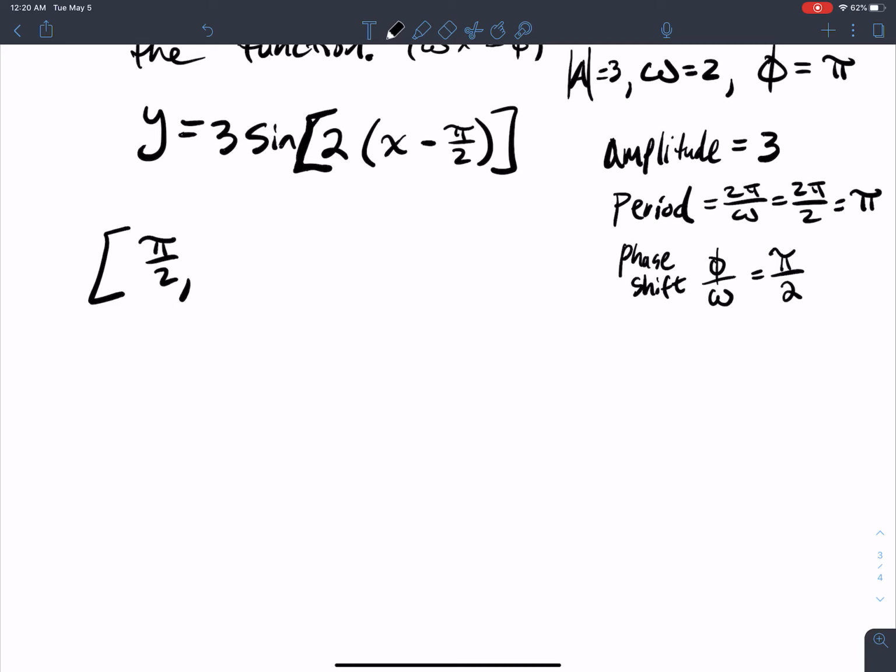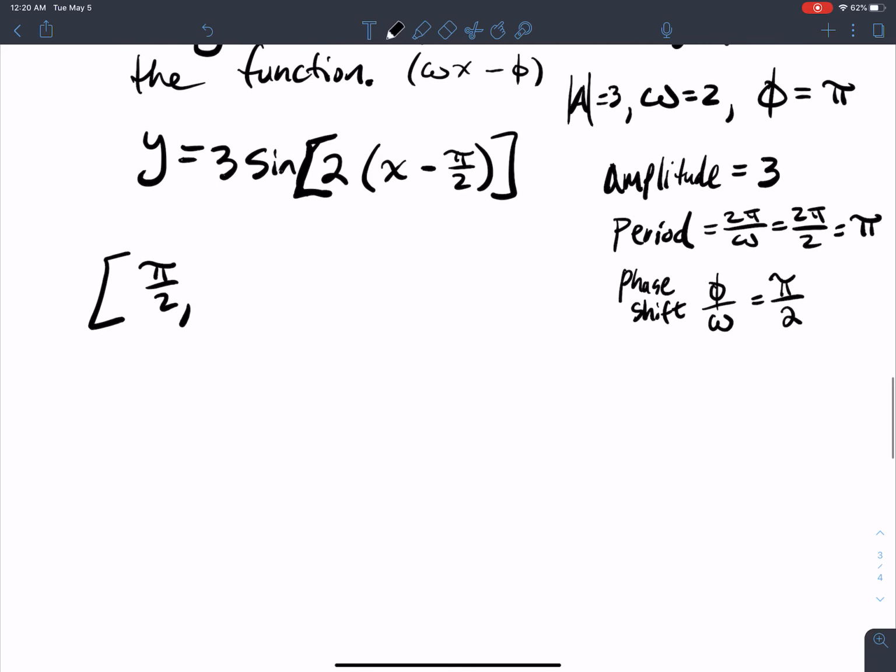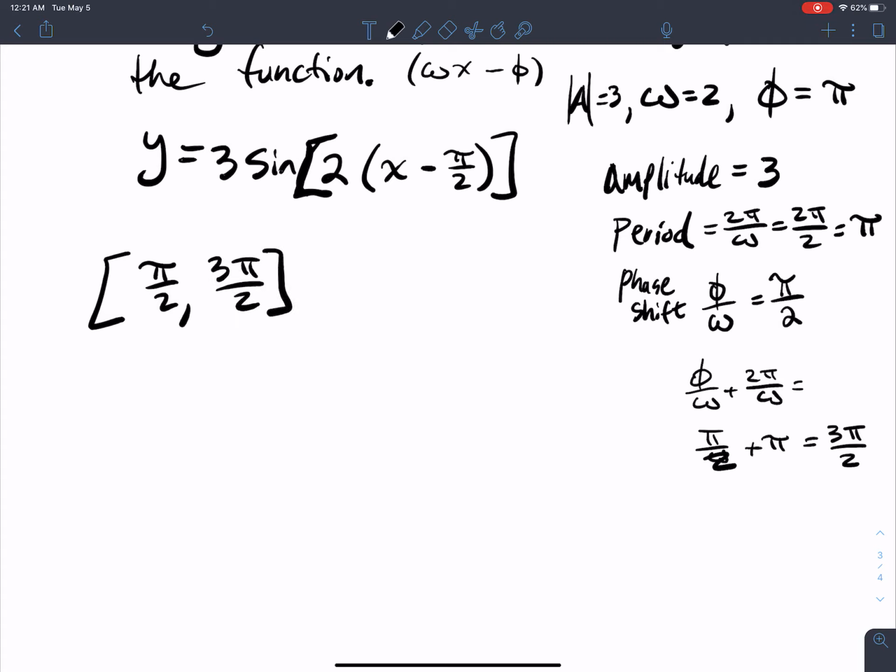And the ending point of the cycle is phi over omega plus 2 pi over omega, so that's pi over 2 plus pi, which gets me 3 pi over 2.